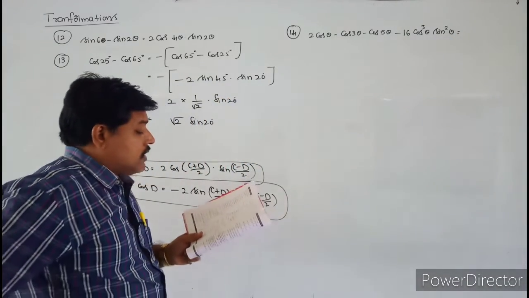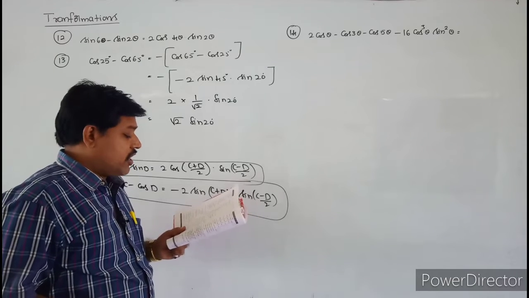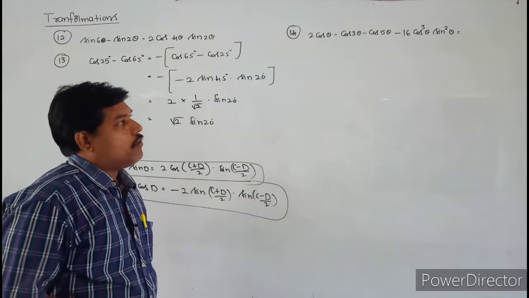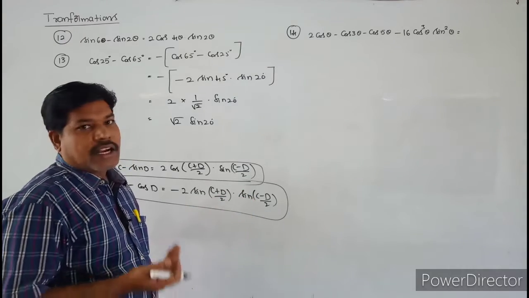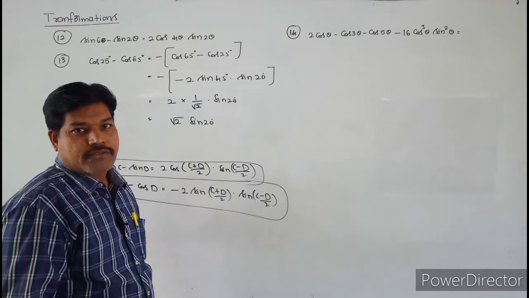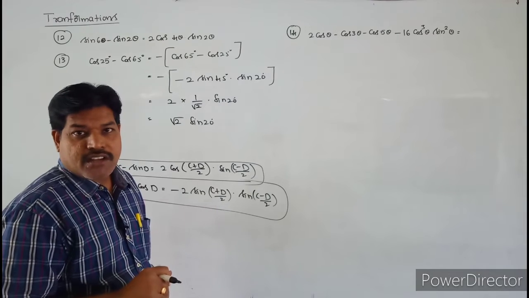In the options they did not give a theta value, they gave one numerical value. So for all values of theta, you will get one numerical value. That is the answer. Are you understanding that?